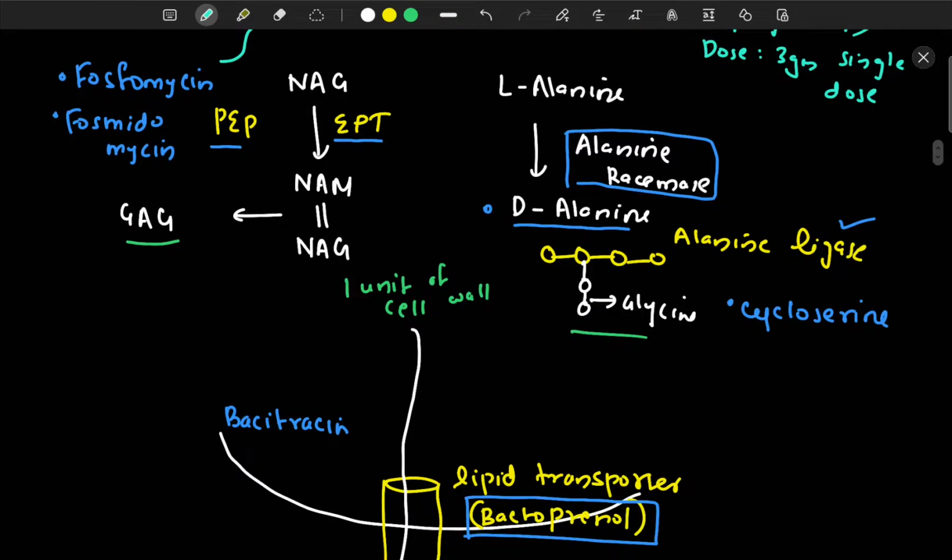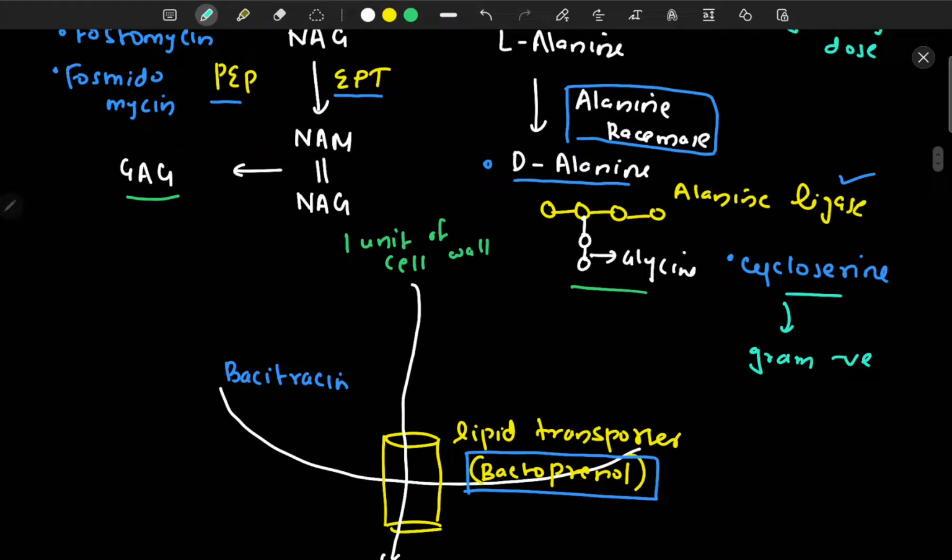Now about the next drug, that is cycloserine. So I have said that it is a D-alanine analog, and it competitively blocks the alanine racemase and alanine ligase. So the spectrum is limited to gram negative bacteria, and it is used as a second line drug in TB.